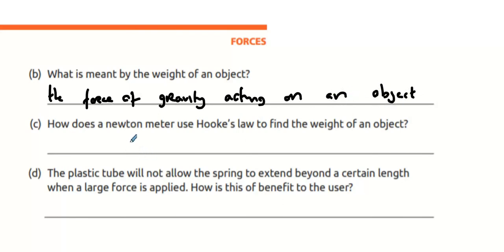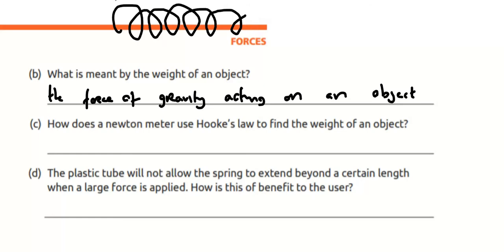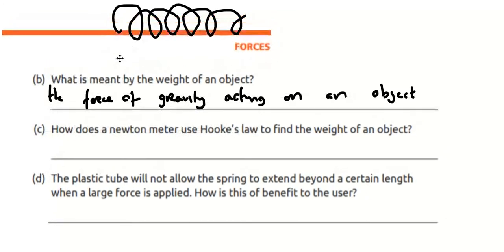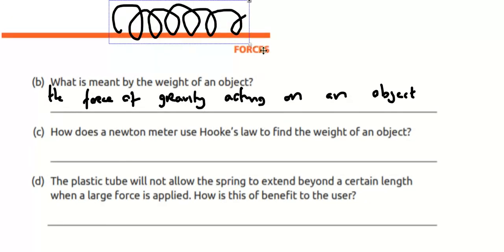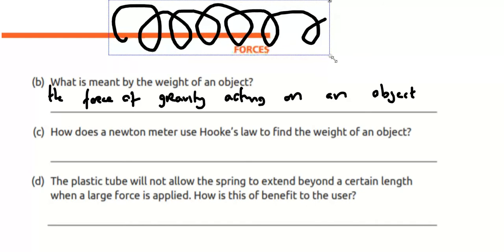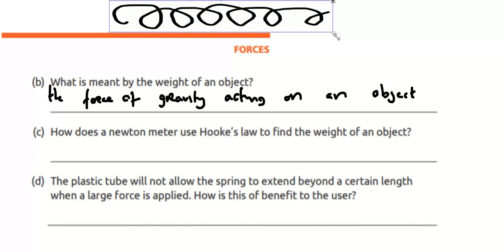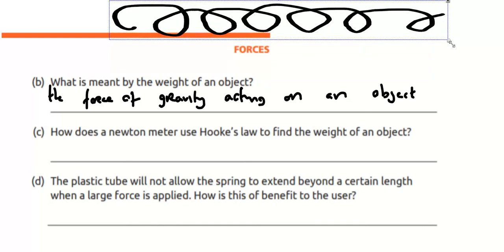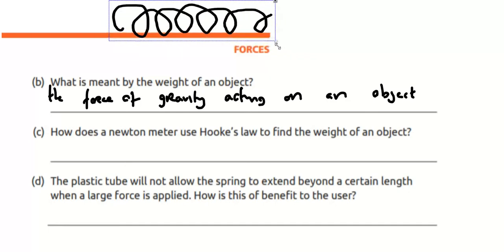How does a Newton meter use Hooke's law to find the weight of the object? Well, the spring will only get longer by certain amounts for certain weights. If you imagine this is a spring, very poorly drawn, this spring will extend according to how much weight is attached to it.